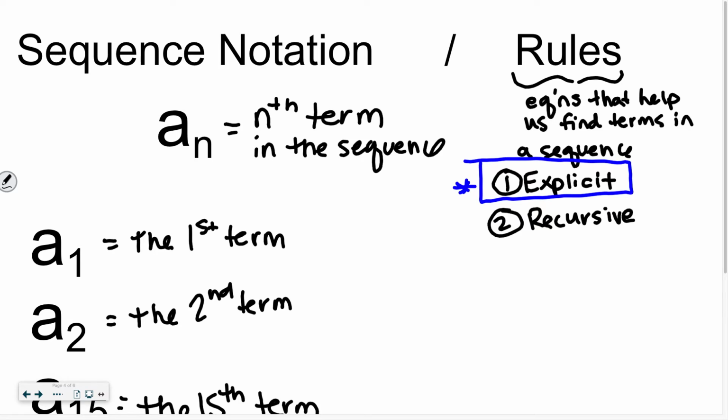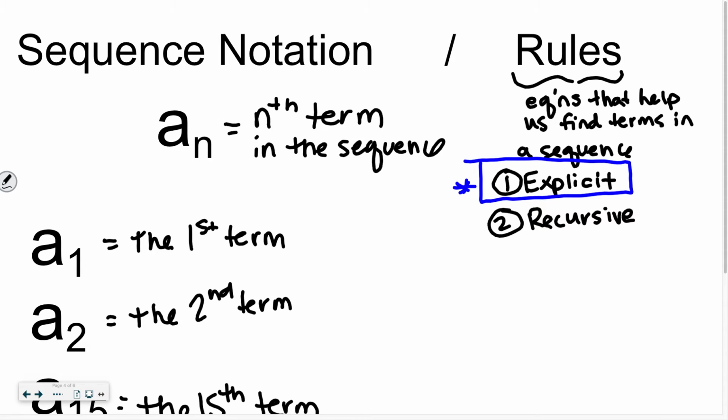So if I asked Mickey to give me the 100th term in a recursive rule, she would first have to know the 99th term. And to know the 99th term, she needs the 98th term, and the 97th, and the 96th. So recursive rules sometimes are helpful because they're easier to write, but if you're trying to generate values in the sequence, you'd want an explicit rule. Explicit is going to get you right to the one that you want.